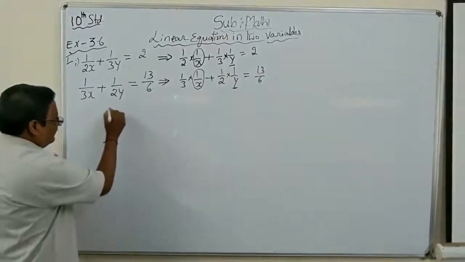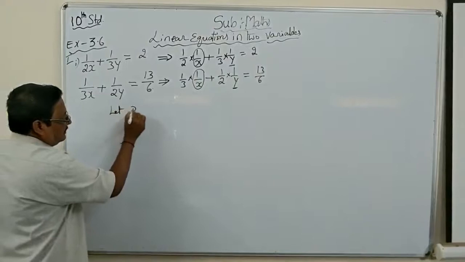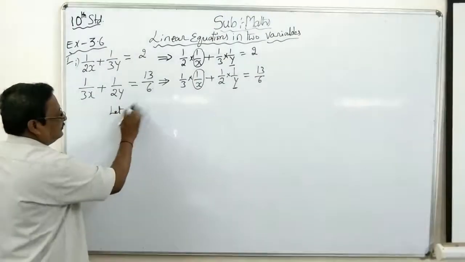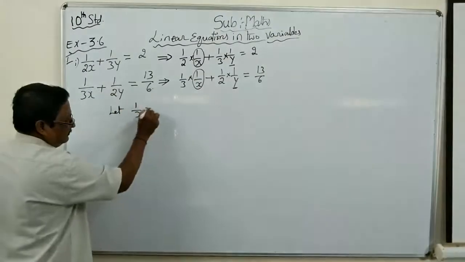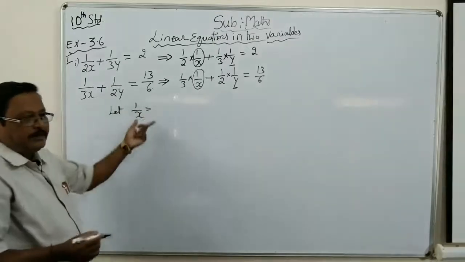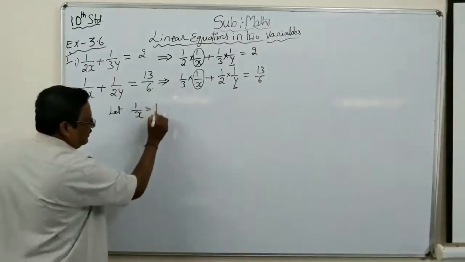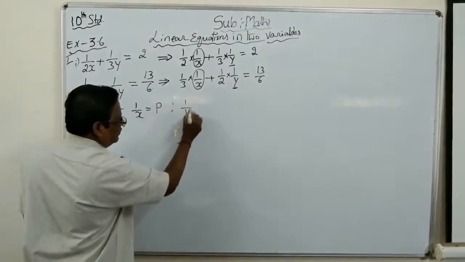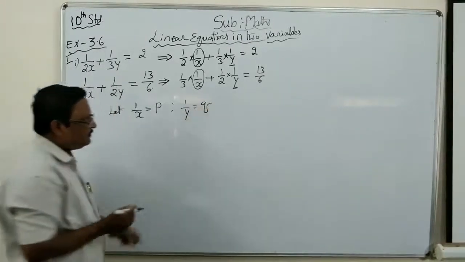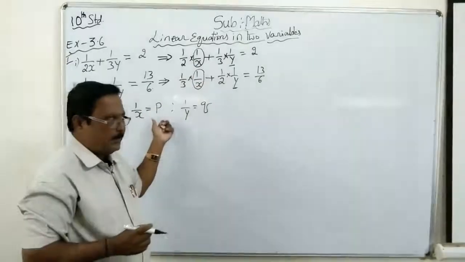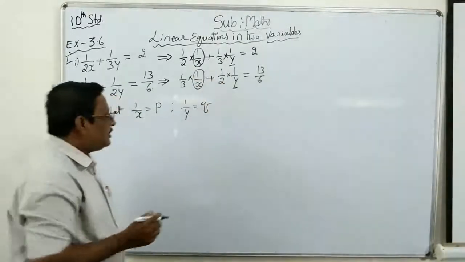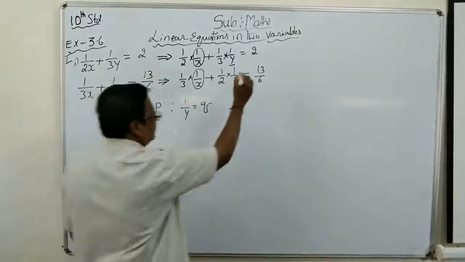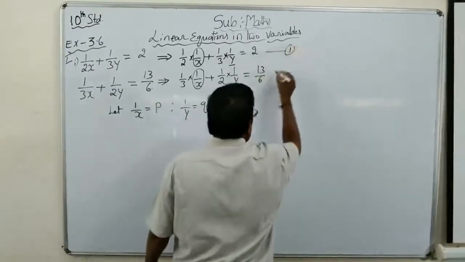Next, let 1 by x be equal to p, either you take u or p or any letter, and 1 by y is equal to q. Substitute in equations 1 and 2. This is equation number 1, this is equation number 2.